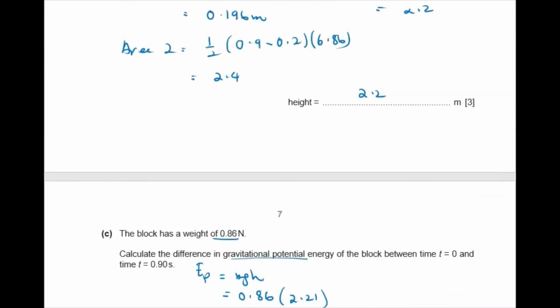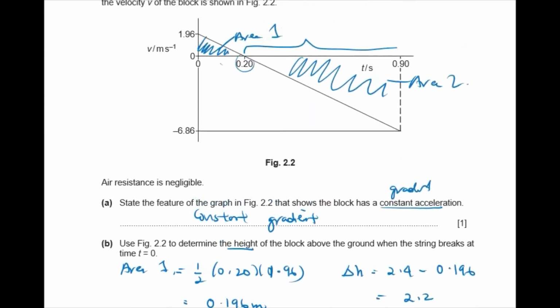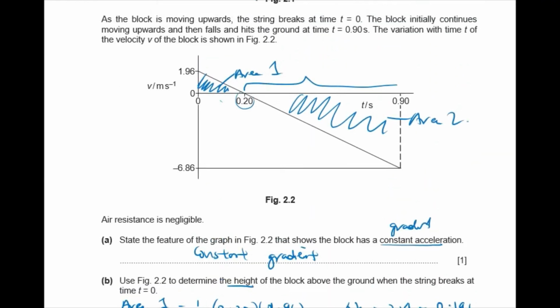So we refer to the graph 2.2. What is the velocity? When t equal to 0, velocity is 1.96 meter per second. Then when t equal to 0.2 second, velocity is 0. This shows that velocity is decreasing.